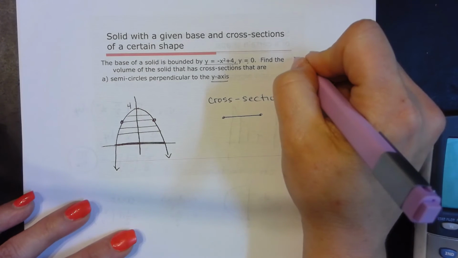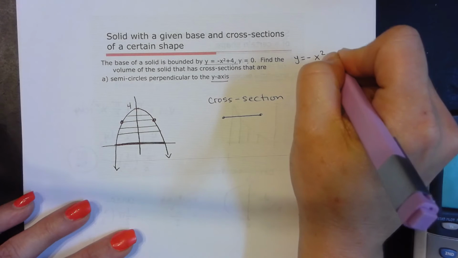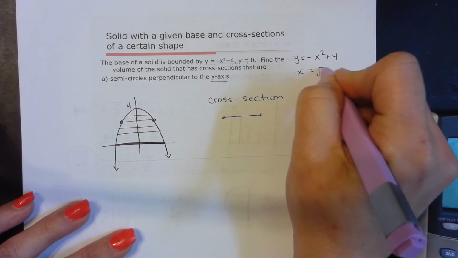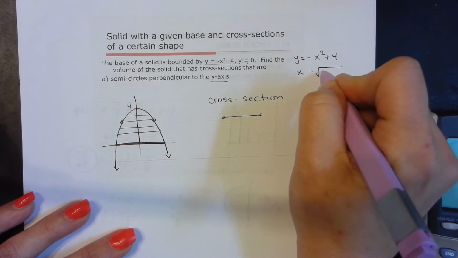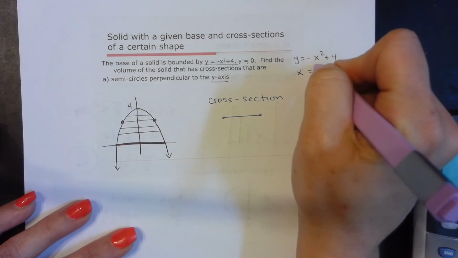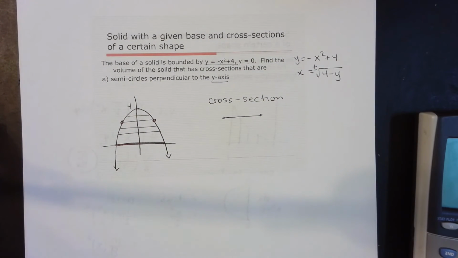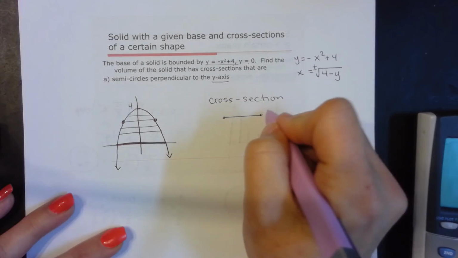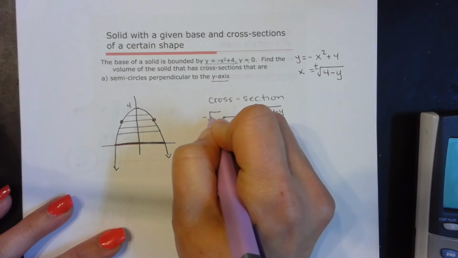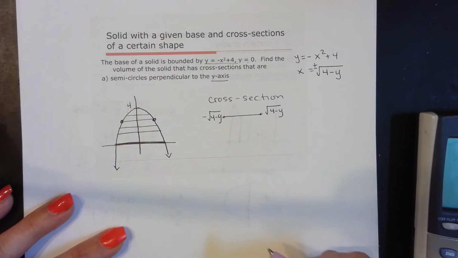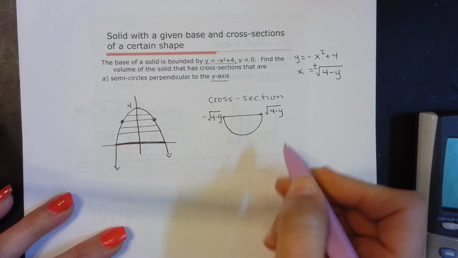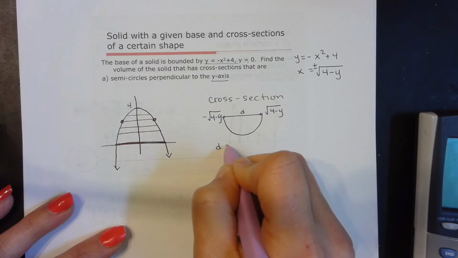That means the x values are going to be the square root of 4 minus y, and that would be plus or minus to give us the left and the right. So this side is the square root and this side is the negative square root. And then we're going to do a semicircle again. So now the diameter is the distance between those two amounts.